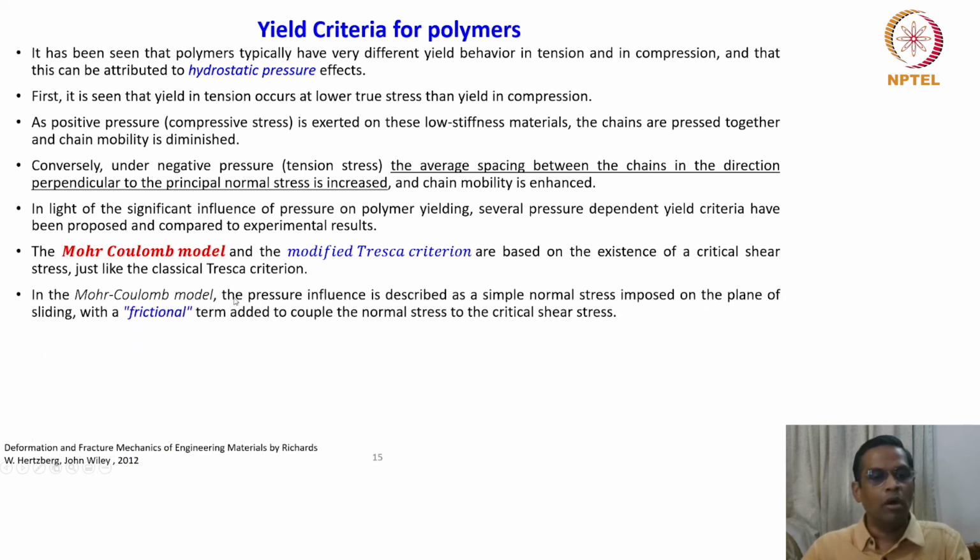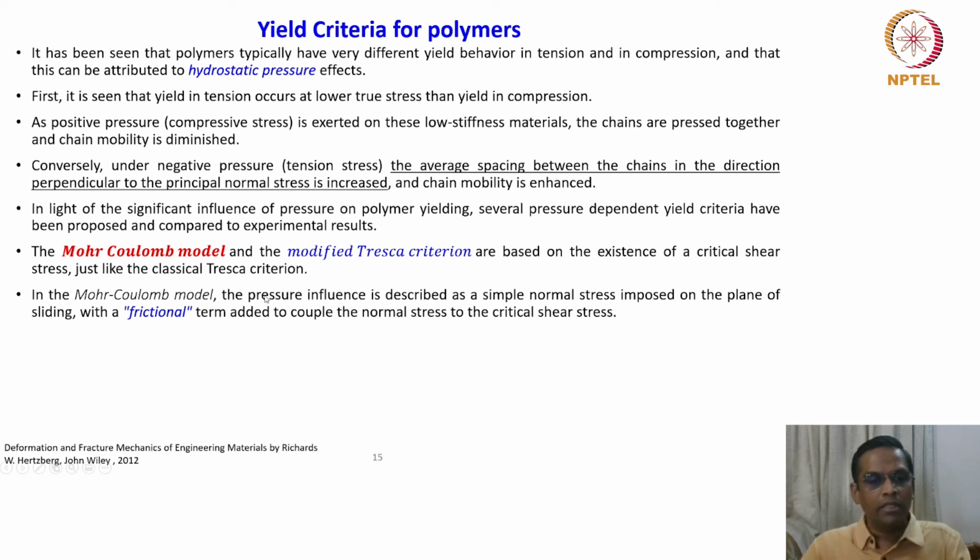In the Mohr-Coulomb model, the pressure influence is described as a simple normal stress imposed on the plane of sliding, with a frictional term added to couple the normal stress to the critical shear stress. Very important.